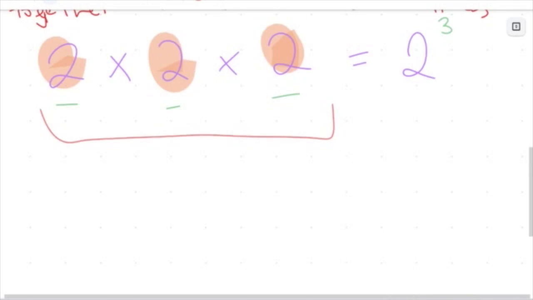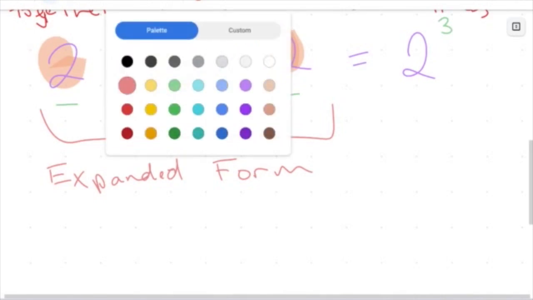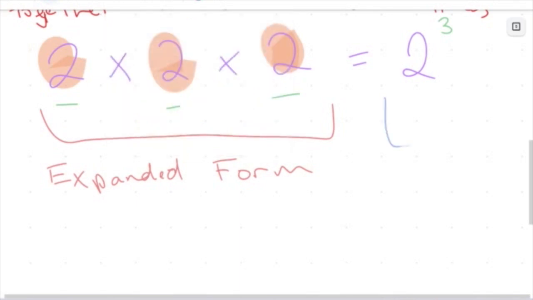This is the long way of writing this, right? And the shortcut way, the shorthand, is what we call index form. Indices is the plural for index. So here we have index form.